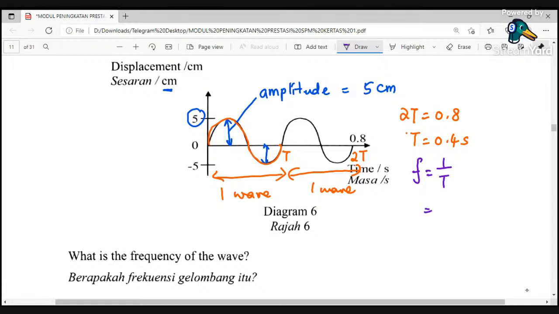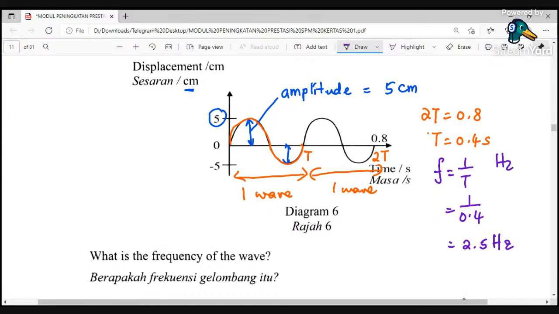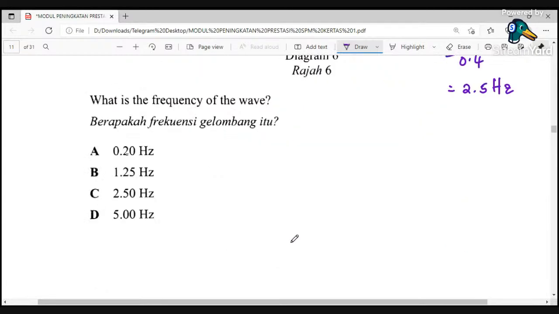So 1 over 0.4, you will get 2.5 hertz, ataupun second negative 1. Okay, unit hertz ini sama dengan second to the power negative 1. Okay, sometimes dia just nak trick you, dia letak unit second to the power negative 1. Okay, jawapan C.